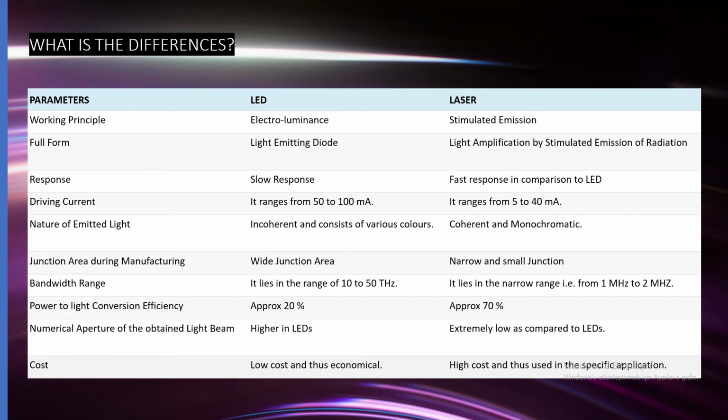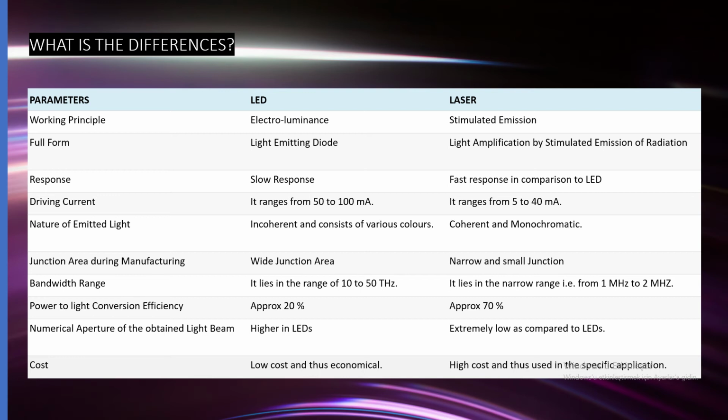Nature of emitted light. LED, incoherent and consists of various colors. Laser, coherent and monochromatic. Junction area. LED, wide junction area. Laser, narrow and small junction. Bandwidth range. LED lies in the range of 10 to 50 terahertz. Laser lies in the narrow range from 1 megahertz to 2 megahertz. Power of light conversion efficiency.